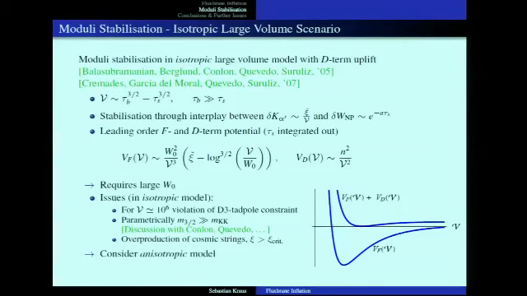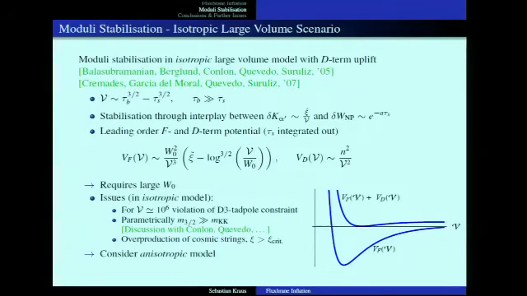Furthermore, parametrically, your gravitino mass is larger than the Kaluza-Klein scale, which is bad for your supergravity approximation. And there's also a problem which I won't discuss in detail, for those of you who know: the cosmic strings which are produced at the end of brane inflation have an energy density which is too large to be compatible with current experiments.